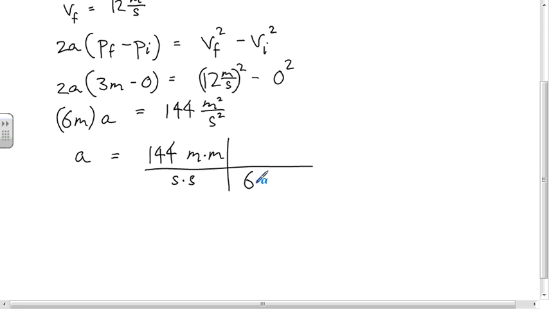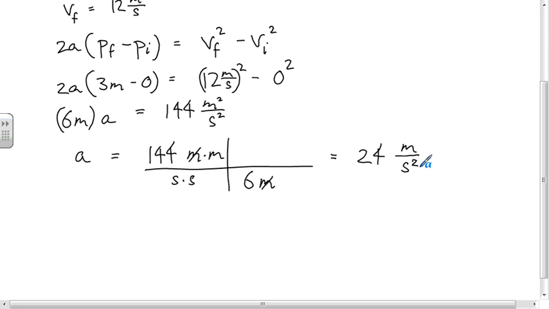So 6 meters goes down here. 1 meter cancels with that meter. And you get a value of 24. So 24, and the units you're left with are meters per second squared. Any questions about the calculations?